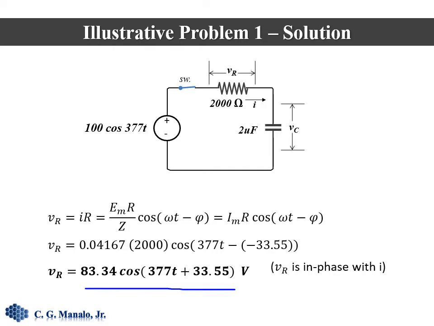And we notice that this voltage is actually in phase with I. So, just to emphasize, the voltage across a resistance is always in phase with the current that passes through it.